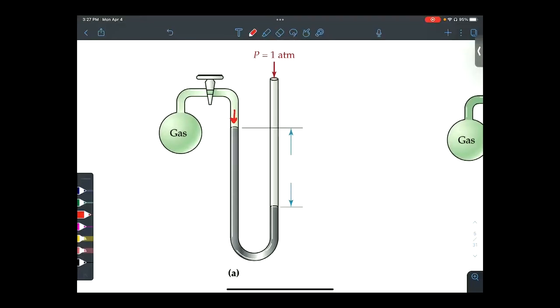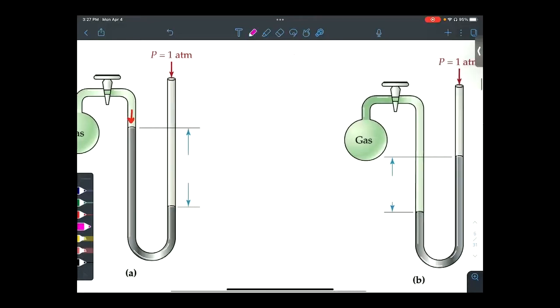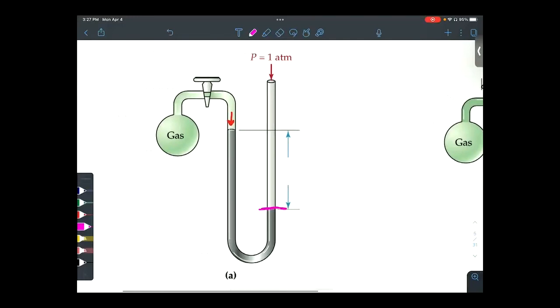Now let's think about where the external pressure is coming from. This is an open end on our manometer over here, so on this part of the mercury, this is our external pressure being exerted on it. So let's think about this. Based upon this picture, which pressure value is more?